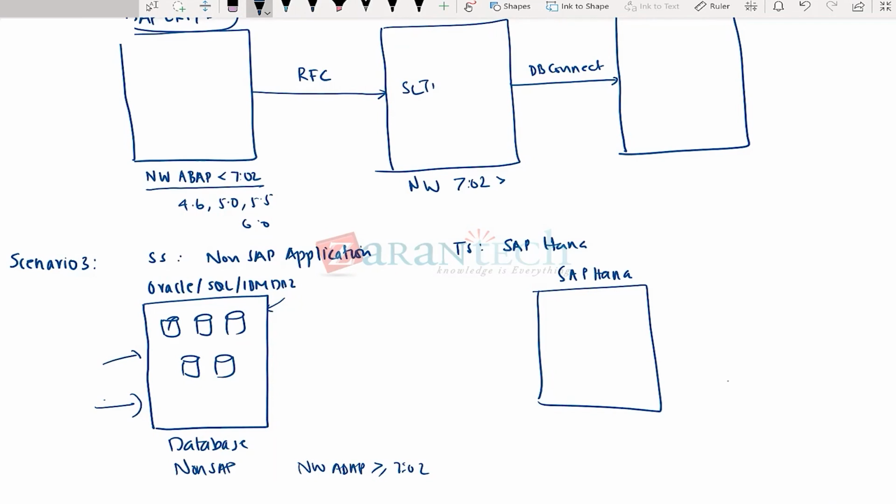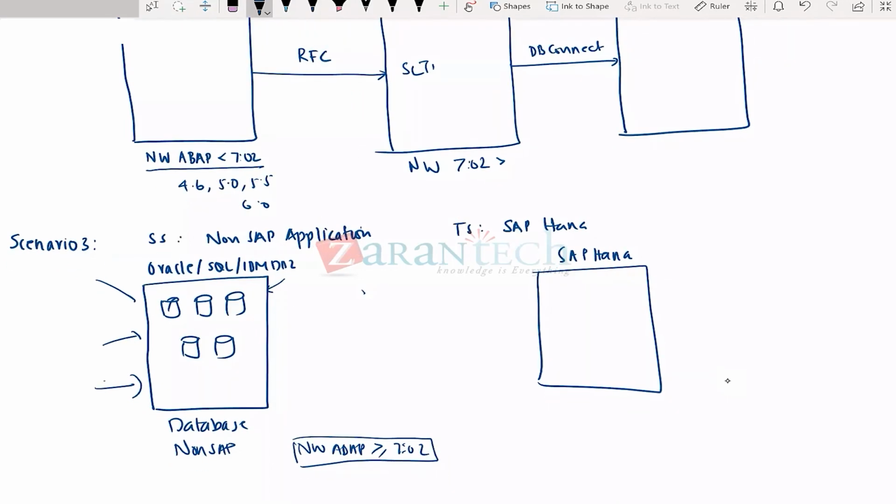So the box has to be a NetWeaver ABAP stack of 7.02 or greater. The database has nothing to do with SAP technology. So even if I want to, I cannot install SLT on a non-SAP application. In this case, the only choice I have is to bring up another box for SLT, satisfying this requirement, and install my SLT system.